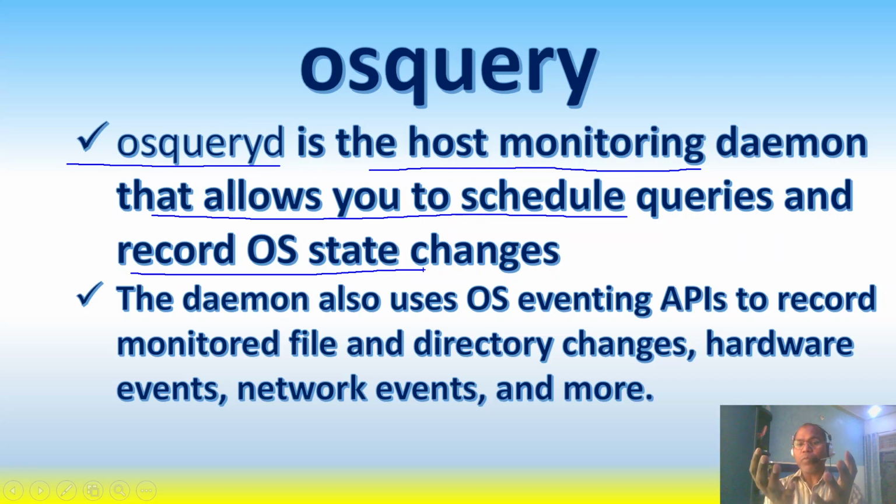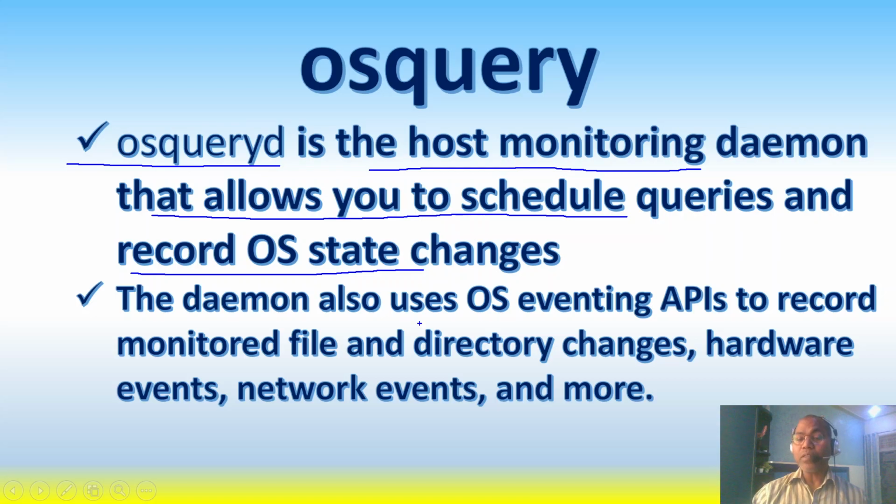That means on the machine lots of processes are running, and someone may be changing the operating system state: maybe changing the file system, maybe the kernel level, maybe some scheduled environment setting, maybe making some other OS-related change. So whatever changes happen on your operating system, you can record them and get them from the API.